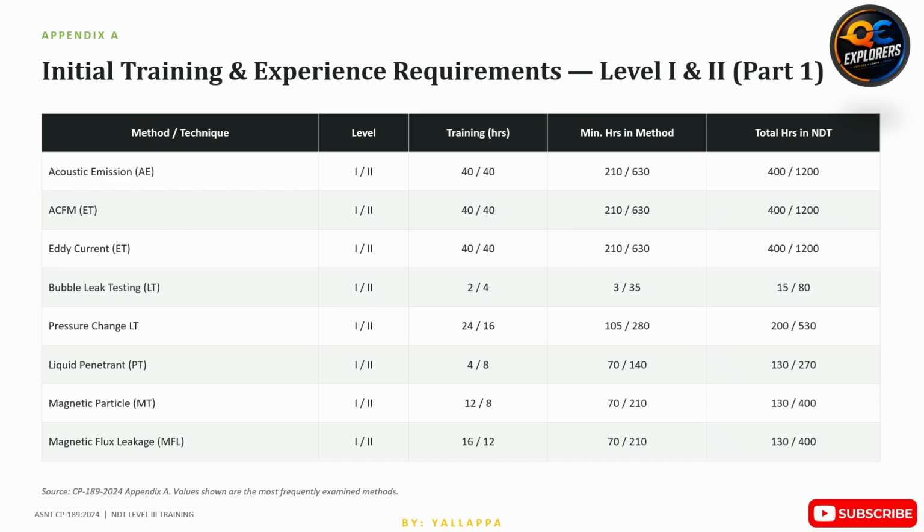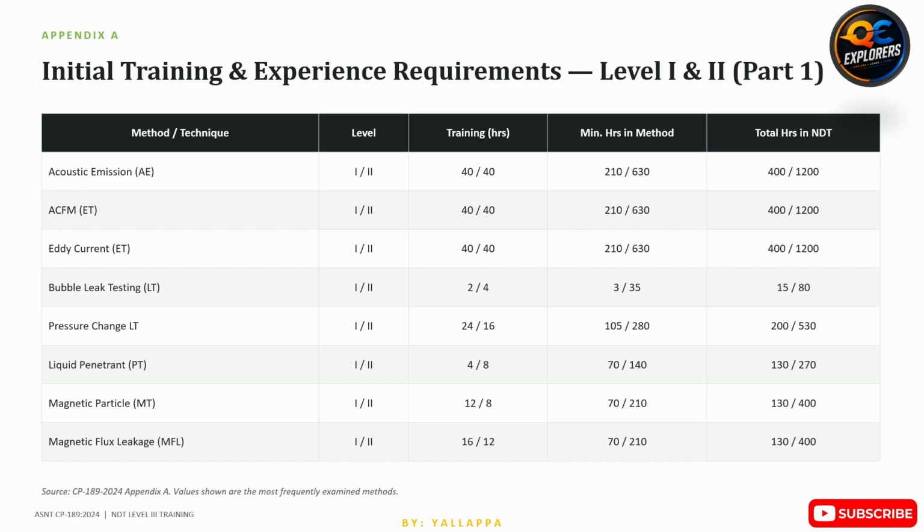Before we look at the individual methods, let's first understand how this table is organized. Each method includes 3 important qualification requirements. The first is the number of formal training hours, which represents structured classroom or approved instructional learning. The second is the minimum practical experience required in that specific inspection method. Finally, the table specifies the total NDT experience required before certification can be granted.